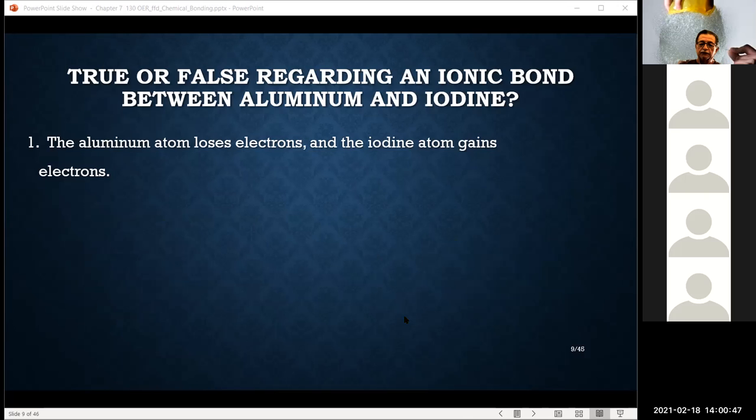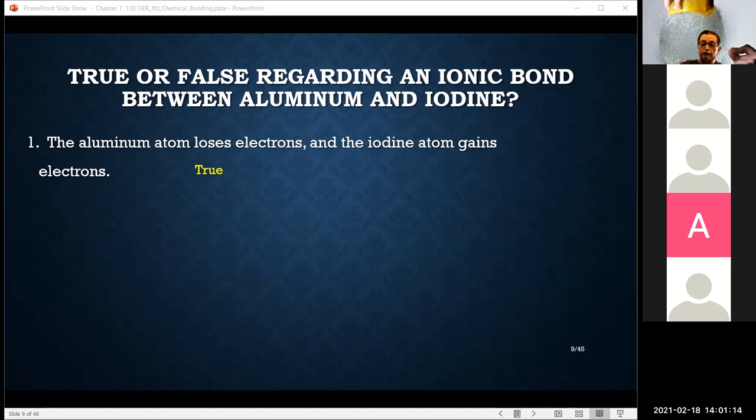Okay. So, true or false regarding an ionic bond between aluminum and iodine? The aluminum atom loses electrons and the iodine atom gains electrons. Would you guys say that's true or false? True. That's correct, because aluminum is a metal and iodine is a nonmetal.